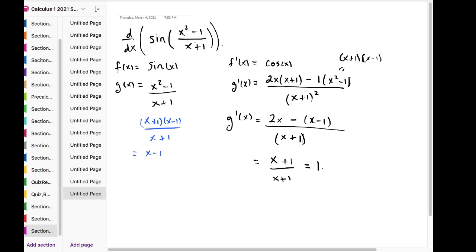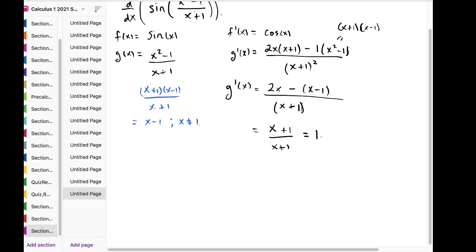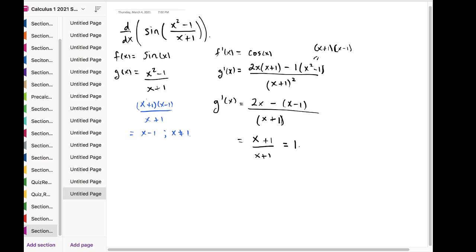You have to be careful, right? You have to say x cannot equal 1. So notice that the derivative is not quite the same because you have to say x not equal 1.